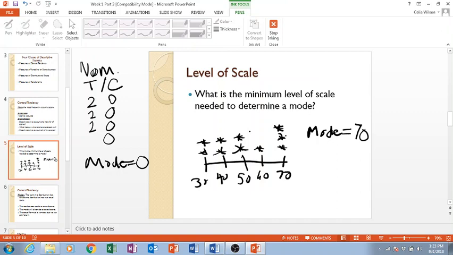So maybe this was an evaluation of how many laps a person could run in a semester. You have to report this information and you say, well, the mode of all my students is 70. And your supervisor is thinking, wow, you are an awesome coach, right? Because they're thinking 70 is a good representation of all your students. It's really good for 3 of your students, but not so good for these other students, right? And so the mode can be a little misleading.